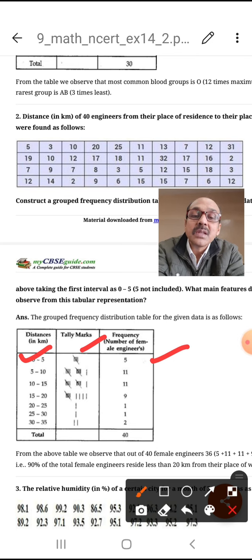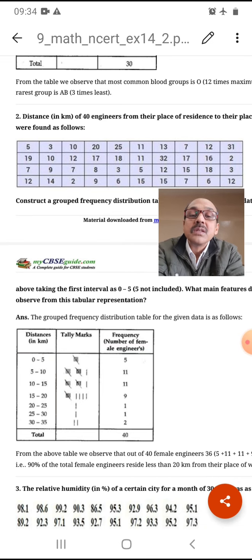So first interval is 0 to 5, then 5 to 10 because difference is 5, then 10 to 15, 15 to 20, and so on up to 30 to 35.